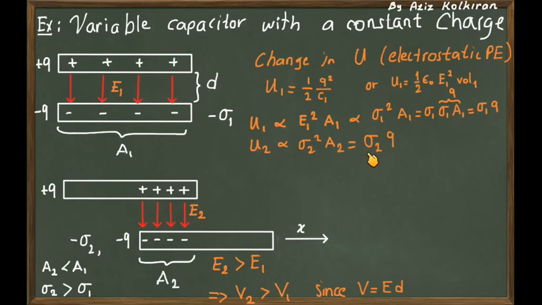And since sigma 2 is larger than sigma 1, in the second case the electrostatic potential energy will be larger than the electrostatic potential energy of the first configuration. That means when you slide the bottom plate a distance x, you are increasing the electrostatic potential energy. And that means to increase this potential energy, you have to do some work, right?